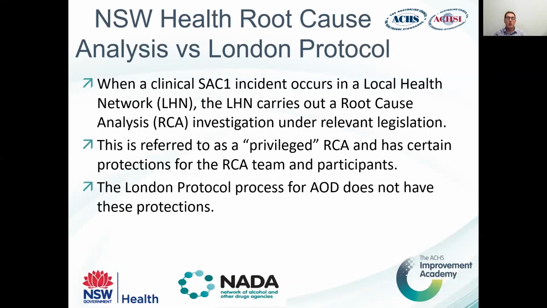So I'm a staff member. I've been involved in an incident. The AOD branch come along and interview me and do a systems-based investigation. What I say in that interview just gets collated as part of that investigation. What I say is not allocated towards me. That's not shared with anyone else.